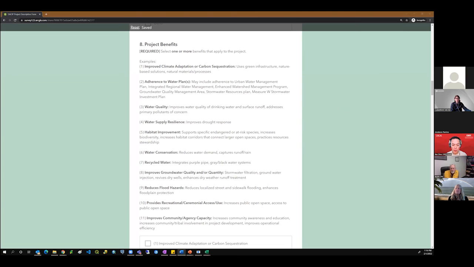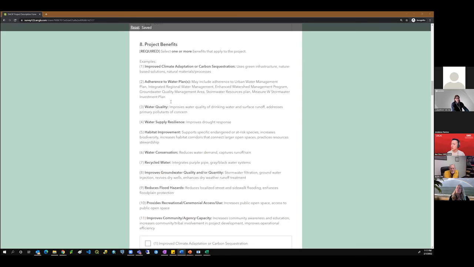For question 8 on project benefits, you would select one or more benefits that apply to your project. There are also examples included here next to the different benefit categories to help you pick the benefits that might apply to your project. And if you're not sure of the project's benefits, agency collaborators that you might be working with and technical assistance groups can help you identify possible benefits associated with your project. And some of those agencies and technical assistance groups were discussed during the morning session.